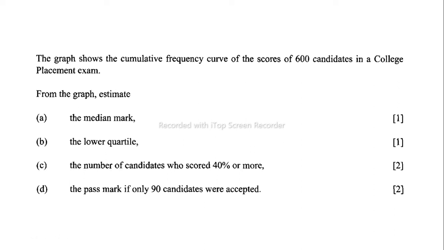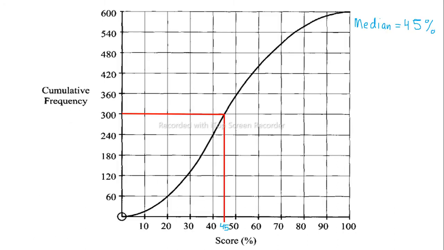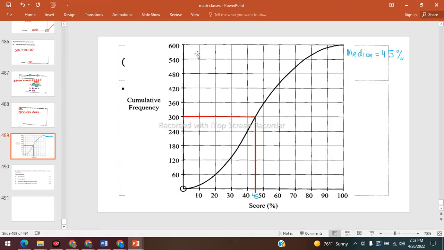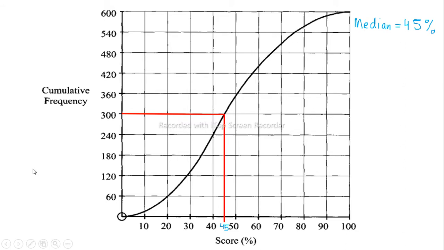And now we have the lower quartile. So the lower quartile is going to be 600 divided by what? 4. 600 divided by 4. Remember that 600 divided by 4, or we say 600 times 1/4.